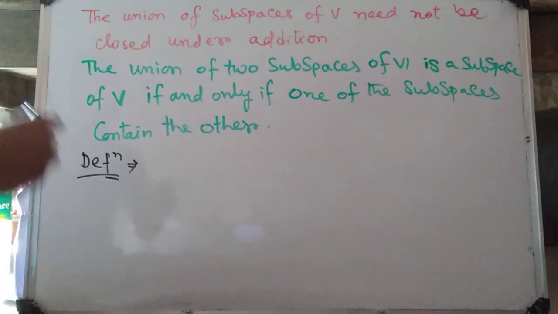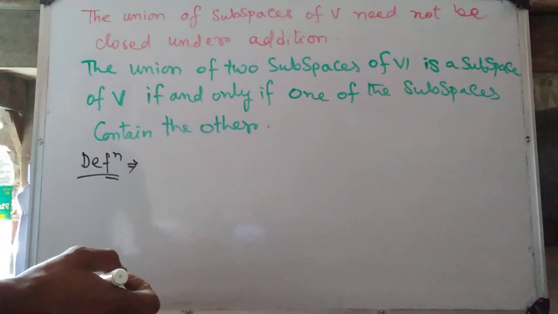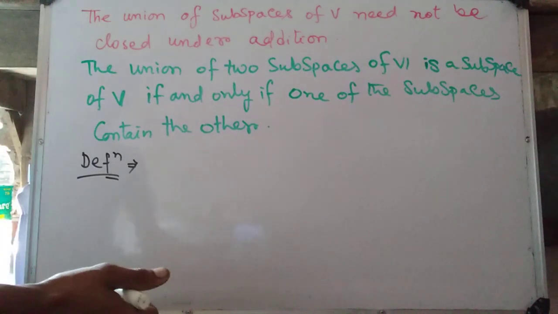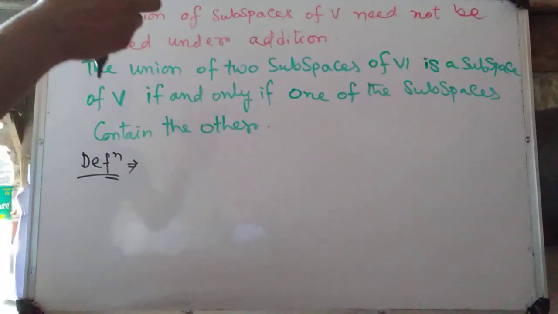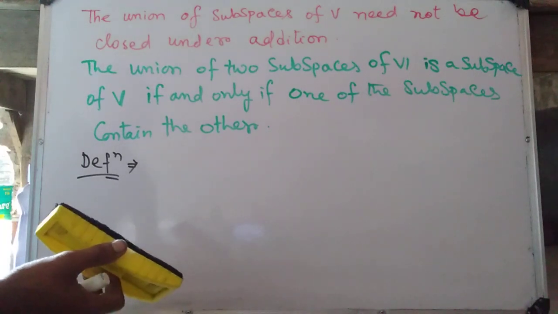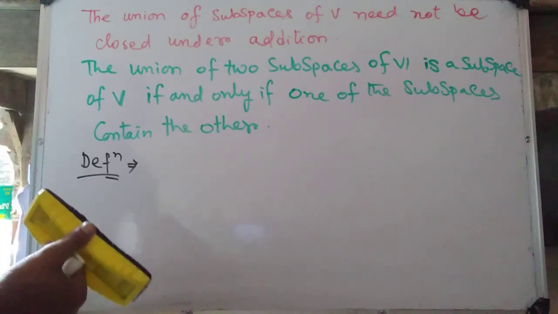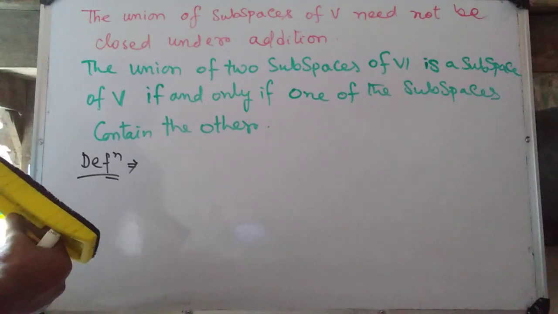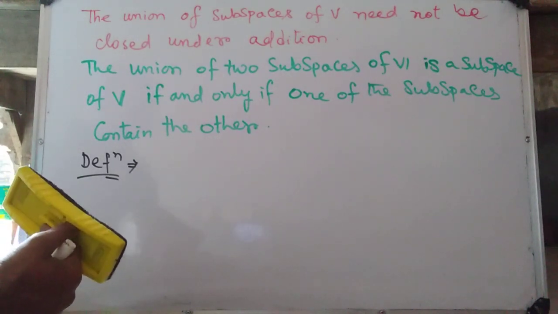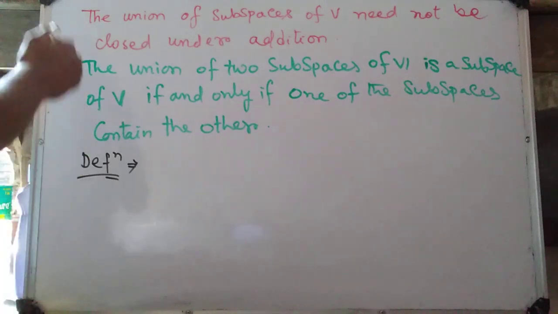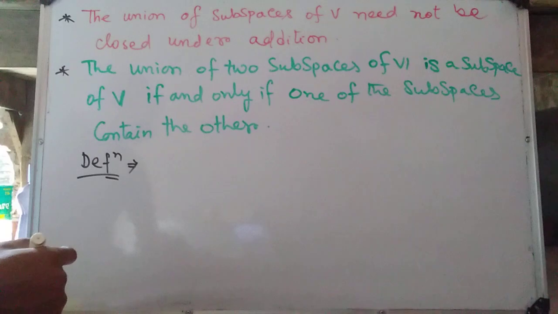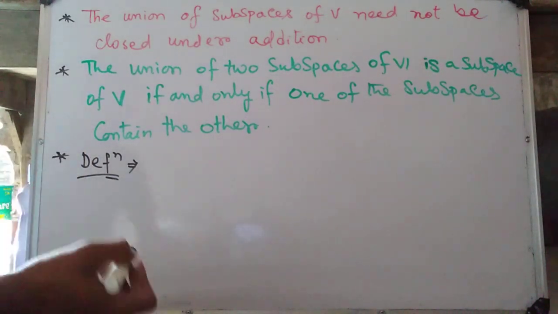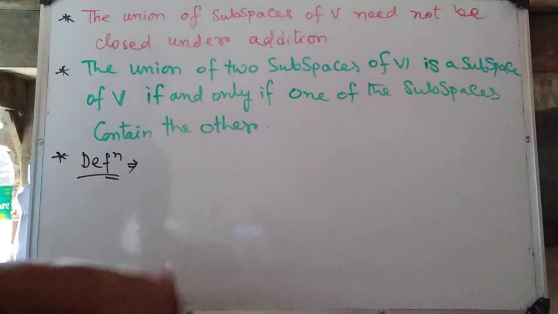If we talk about how this is formed, then we have to give some discussion. The union of two subspaces is a subspace if one of the subspaces contains the other; here we have to give some examples and some proof of that. But today we will not discuss that, we just discuss the upper triangular matrix definition.